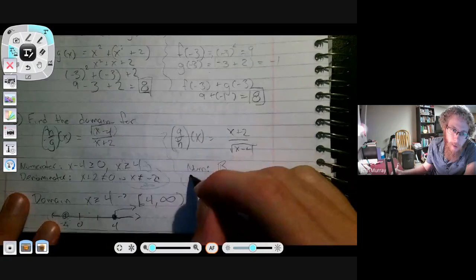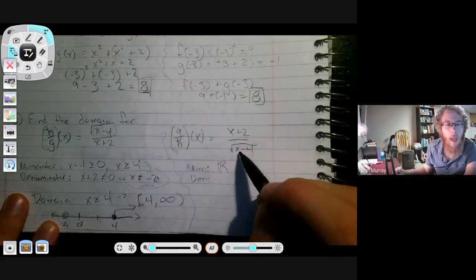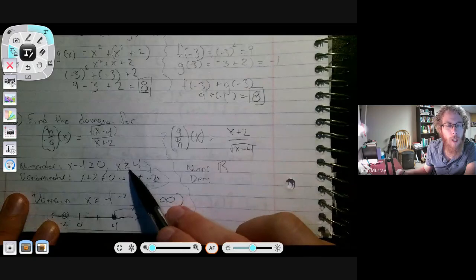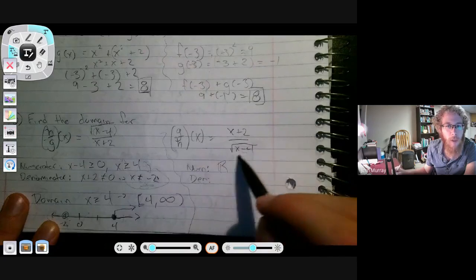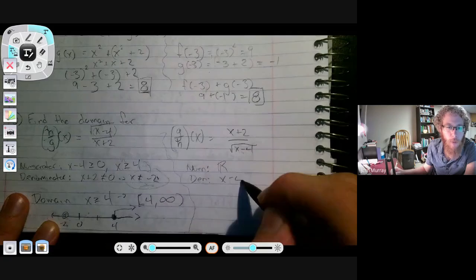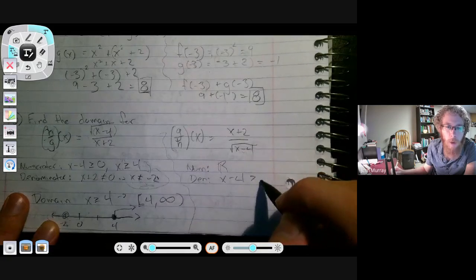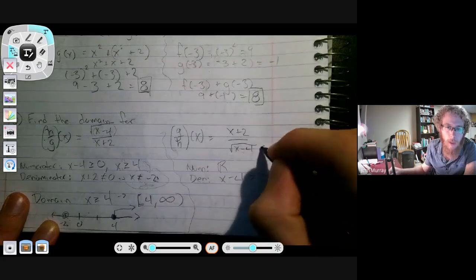For the denominator, I can't just say what I did over here because I can't have 0. So this changes now because this is in the denominator. So instead of writing x minus 4 is greater than or equal to 0, I'm just going to put greater than, all right?